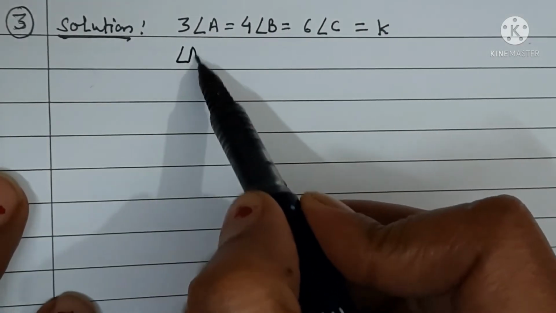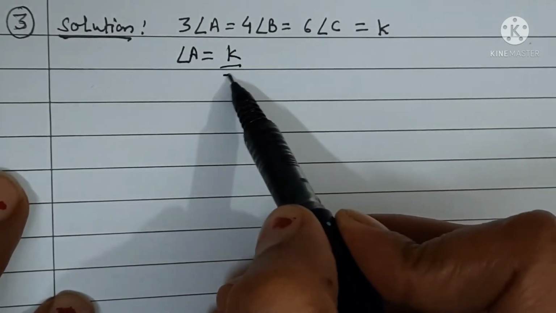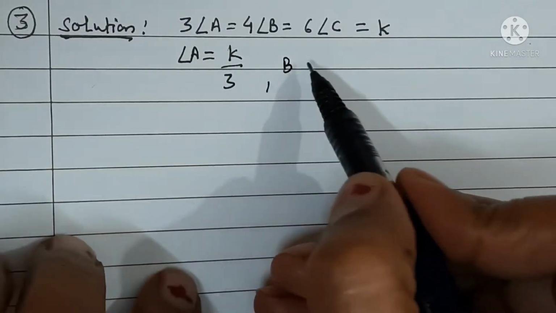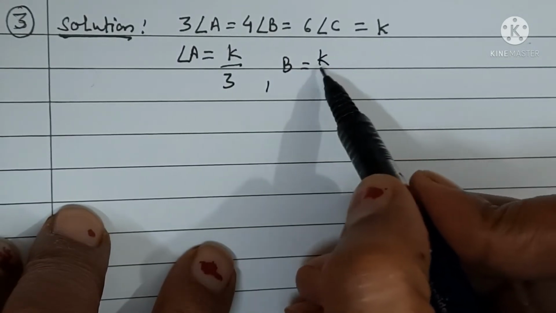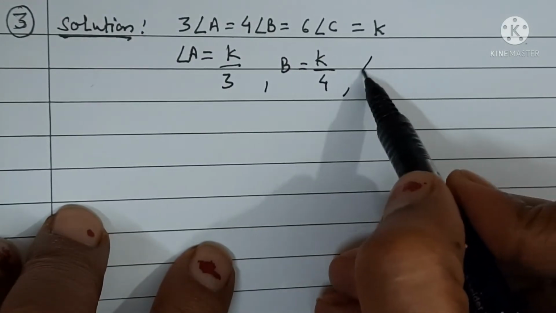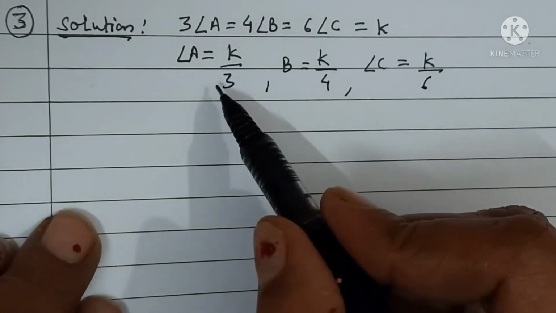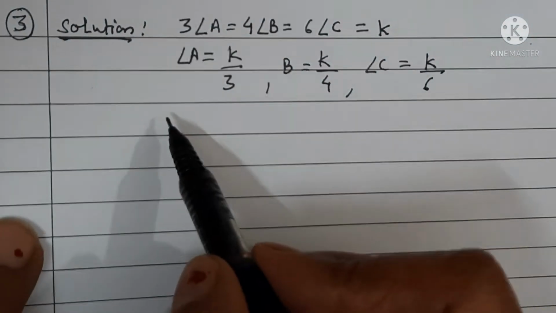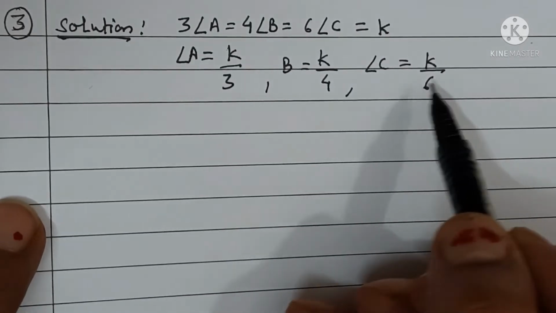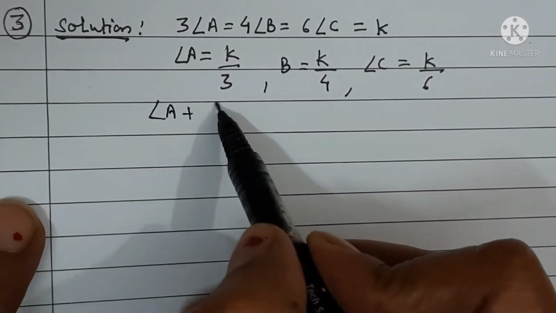Now angle A is equal to K upon 3. Angle B is equal to K upon 4. Angle C is equal to K upon 6. Now add these three angles. Angle A plus B plus C is equal to 180 degrees.